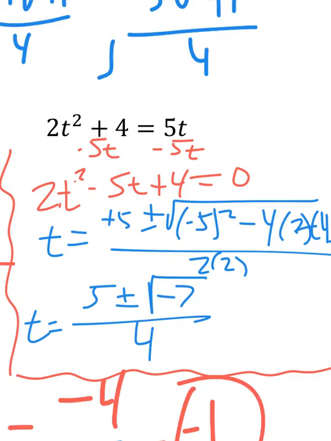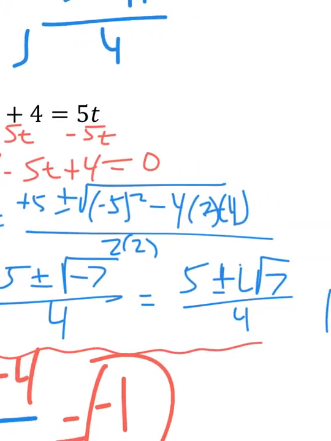Uh-oh. So, what does the negative do? I, right? I. Okay, so 5 plus or minus I root 7 all over 4. And, well, there it is.